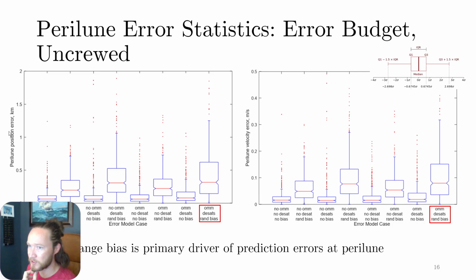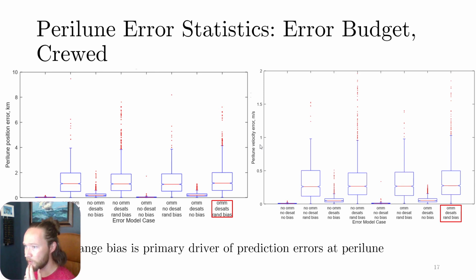And so this is position on the left, velocity on the right. What we're looking at here are box whisker plots, where the notched line is our average, the box is our inner quartile region, our outer quartile region is the whiskers, and then some outliers are plotted beyond 2.698 sigma.